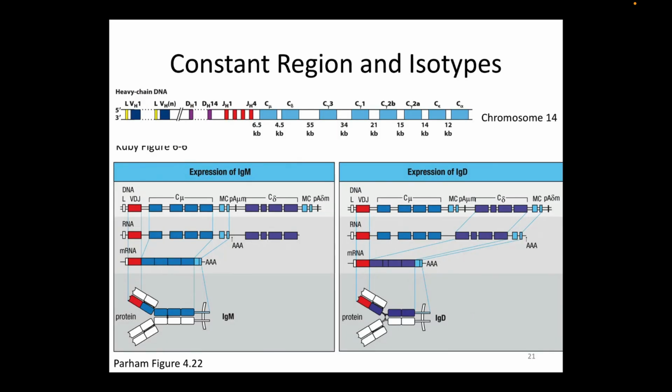The isotypes, IgM, IgD, IgG, IgE, and IgA, are encoded by different exons of constant region information. So you can see the C mu constant region just downstream of the VDJ gene segments, then you can see C delta, then you can see the C gammas for IgG, then you can see C epsilon and C alpha.